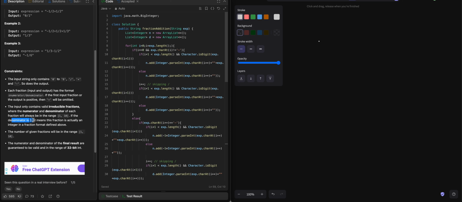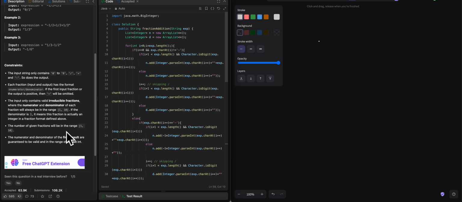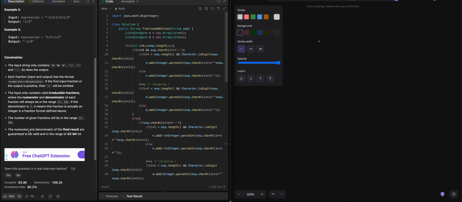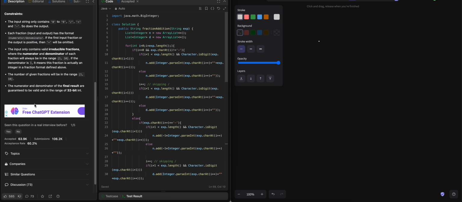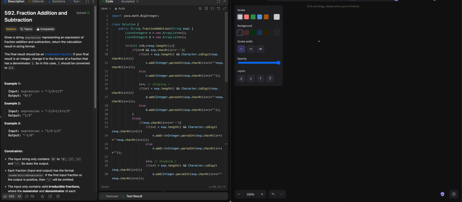If the denominator is 1, it means the fraction is actually an integer in the fraction format defined above. The number of given fractions will be in the range of 1 to 10. The numerator and denominator of the final result are guaranteed to be valid and in the range of a 32-bit integer. So I hope that was all of the problem.